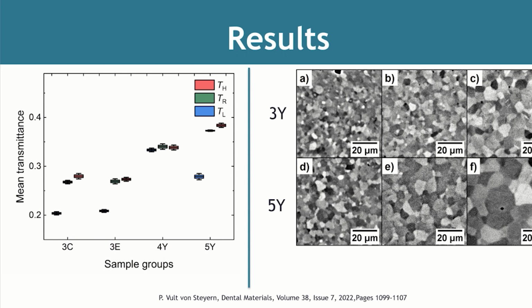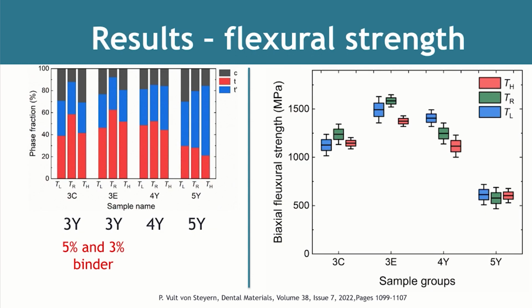We also see that when we increase the sintering temperature for the 5Y, we have a somewhat larger grain size, and we have higher transmittance. However, from the recommended sintering temperature to the 5% above the recommended sintering temperature, although the grains are quite a lot larger, the effect on transmittance is not that severe, meaning that although grain size is important, it is not everything.